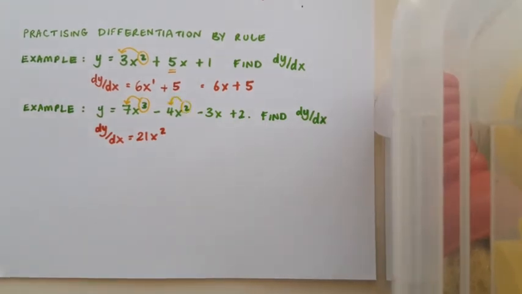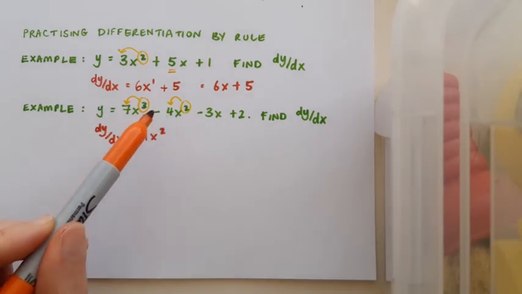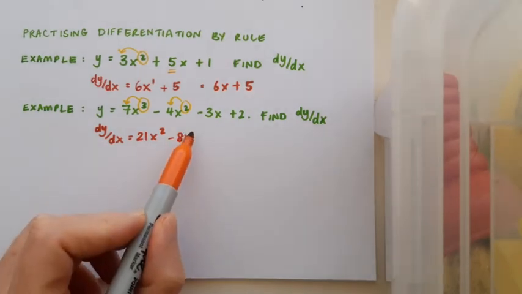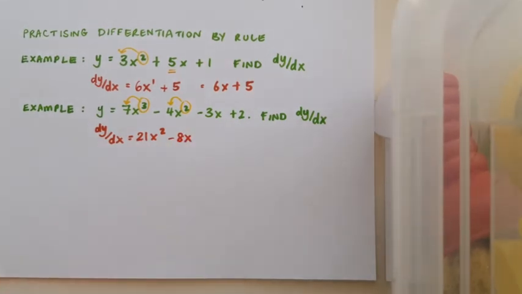In my next term, the 2 needs to come down and multiply by the 4. And that's going to give me minus 8x. You can write the little 1 in here if you like, but you don't have to. Next, I have my x term, minus 3x. In this case, I keep the coefficient and I drop the x. And finally, I have the constant term, the plus 2, which just gets dropped.